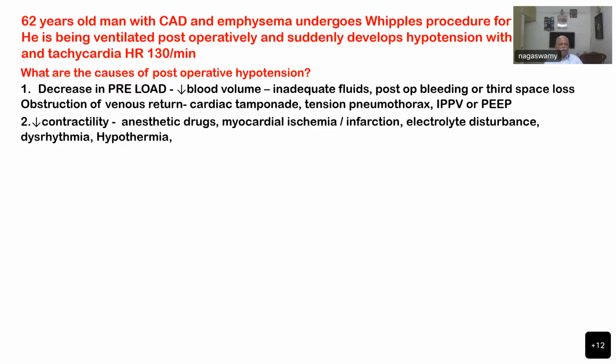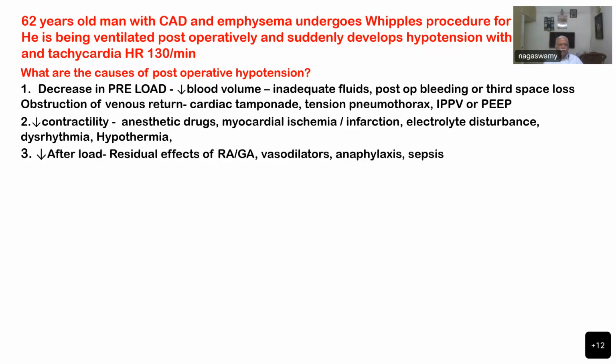Second thing is decreased contractility, which may be because of the anesthetic drugs' extended action, or a myocardial ischemia or infarction because he is a CAD patient, or it may be electrolyte disturbance, or a dysrhythmia or hypothermia. The third is decrease in afterload, either a residual effect of RA or GA.